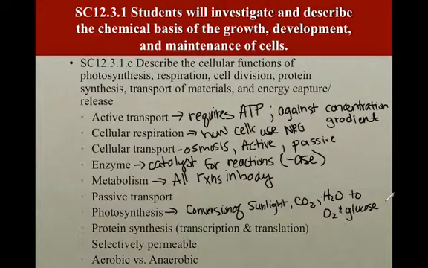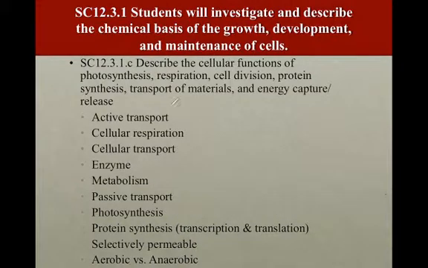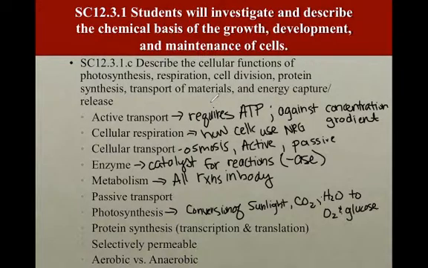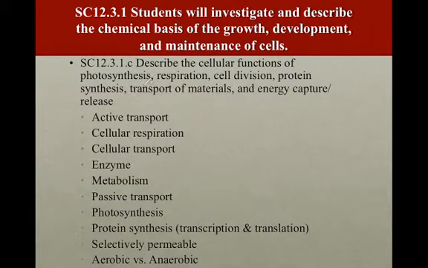Okay. Protein synthesis. I'm going to erase this stuff so I have a little more room. Transcription versus translation.